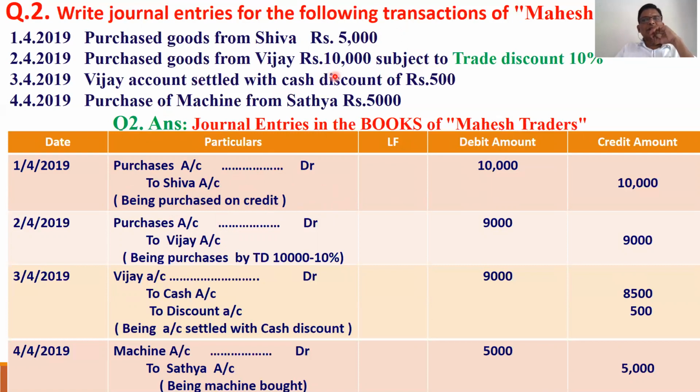Purchased goods from Vijay for rupees 10,000, subject to trade discount 10%. Trade discount is the discount which is given on the catalog price. The trade discount arises whenever there is a transaction between two traders.